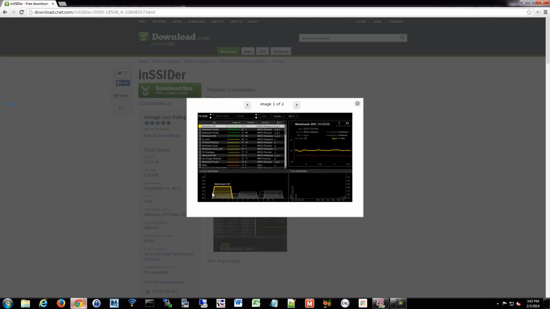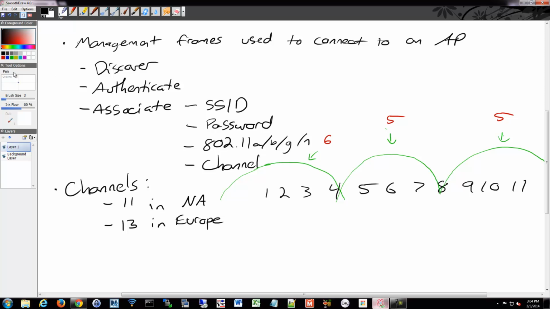So that's a good way of determining what's going on in the surrounding area, so that you don't make a mistake and put your access point in the exact same channels that are currently saturated. What I often do is I'll put my channels on something like channel 3 or channel 8, so I'll put it over here.